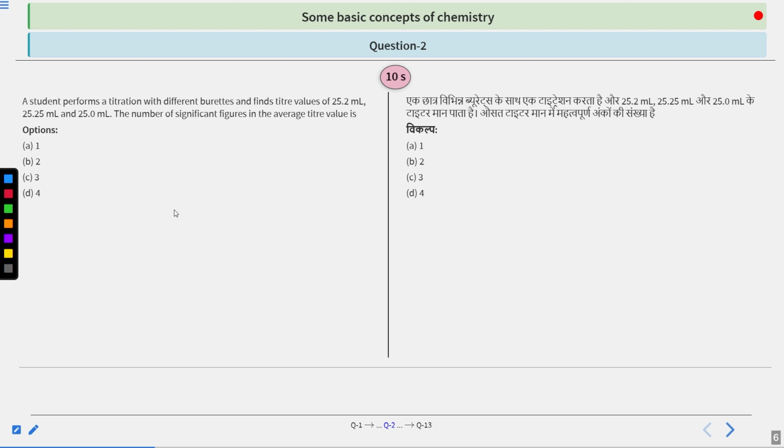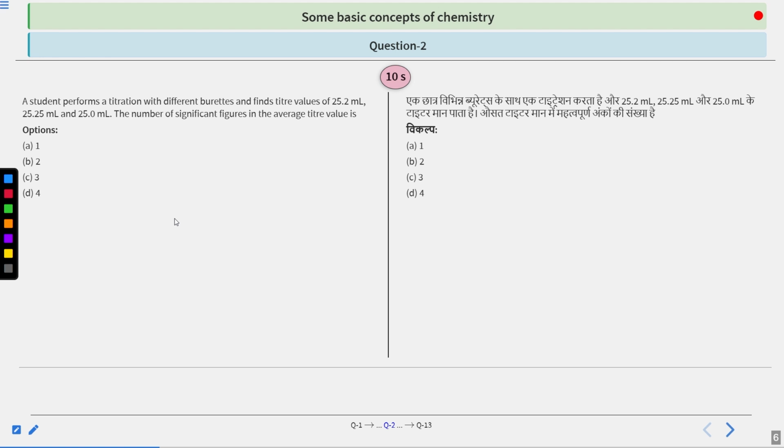Question number 2. A student performs a titration with different burettes and finds titre values of 25.2 ml, 25.25 ml, and 25.0 ml. The number of significant figures in the average titre value is: options are A 1, B 2, C 3 and D 4.